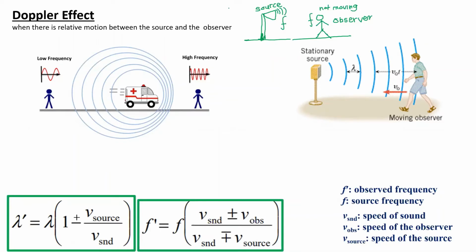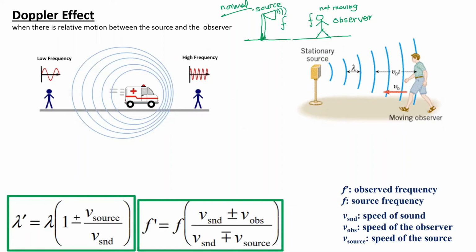So that is the normal scenario, right? That's the normal thing. However, if there is any relative motion between the two, relative means relative to the person, relative to the observer, if the source is moving or if you are moving, so if there's any motion between the two, the frequency that the observer is going to hear is going to be different.